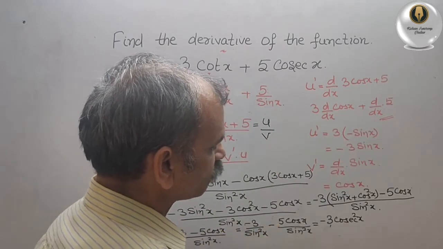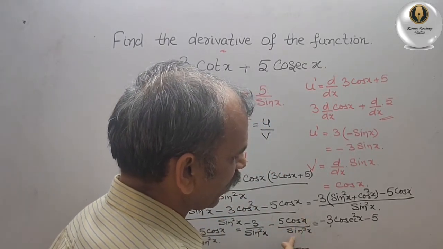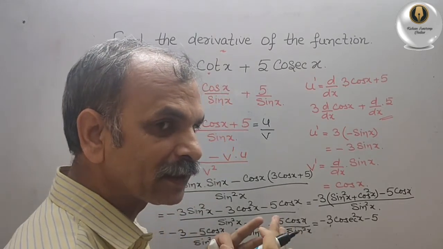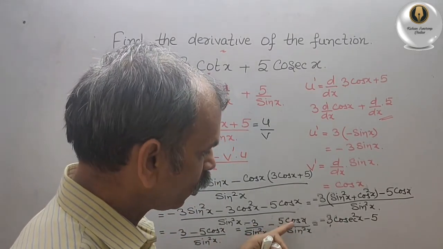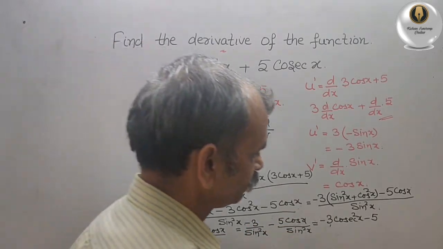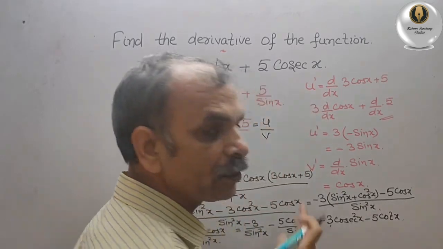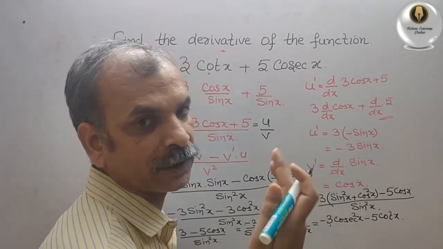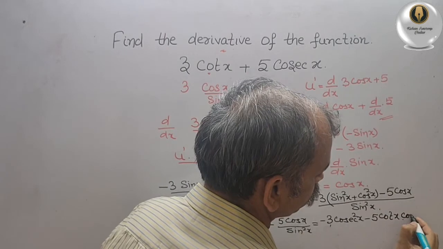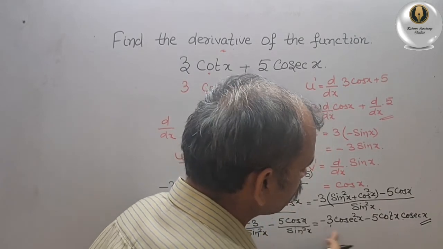And here minus 5 cos x, and this is sin square x, that means sin into sin. So cos x by sin x is cot x, and remaining is 1 by sin x, that is cosec x. Therefore, this is your answer.